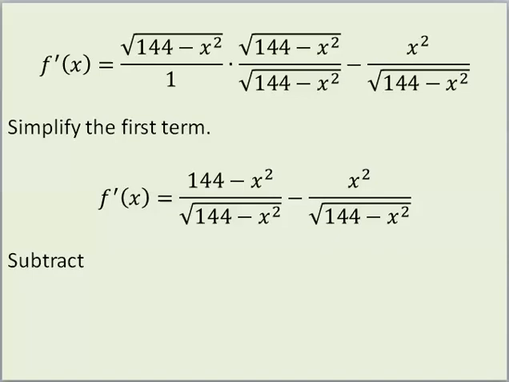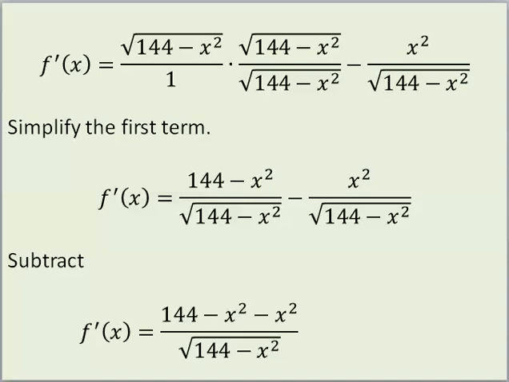So my first term is simply 144 minus x squared over radical 144 minus x squared. Next, we subtract. Since they both have the same denominator, we can just look at the numerators. 144 minus x squared minus x squared, which is equal to 144 minus 2x squared.